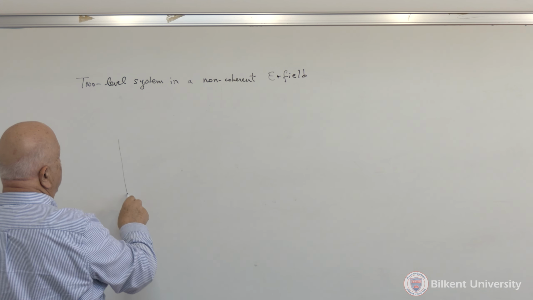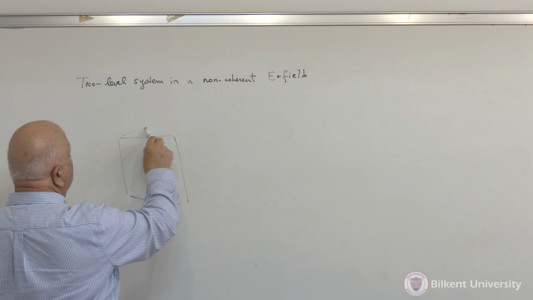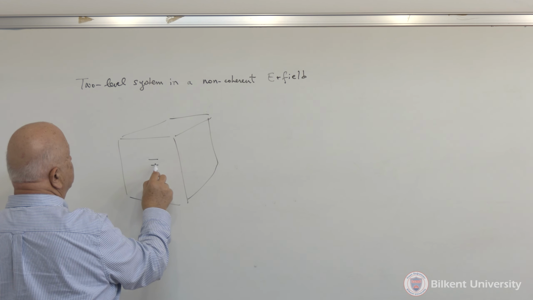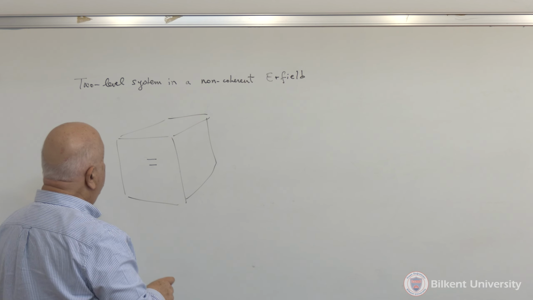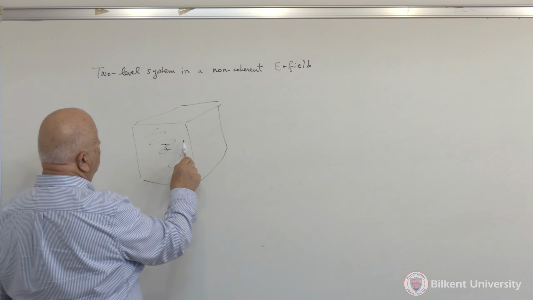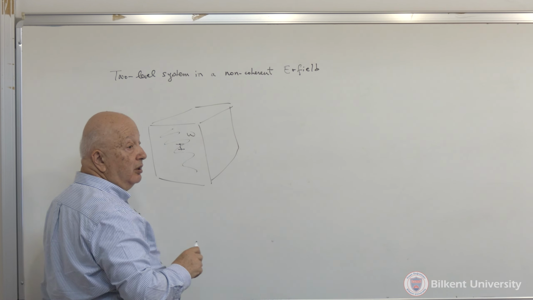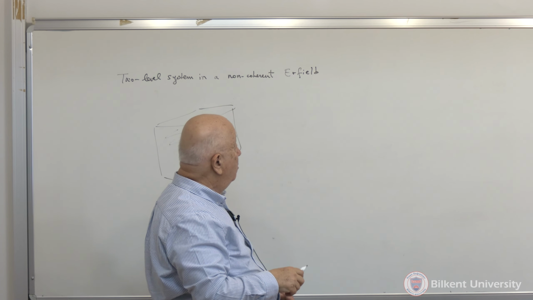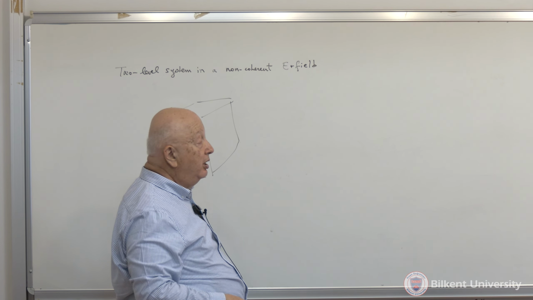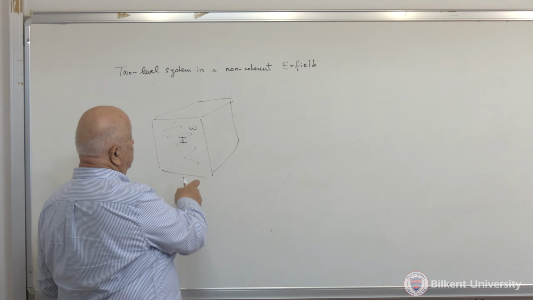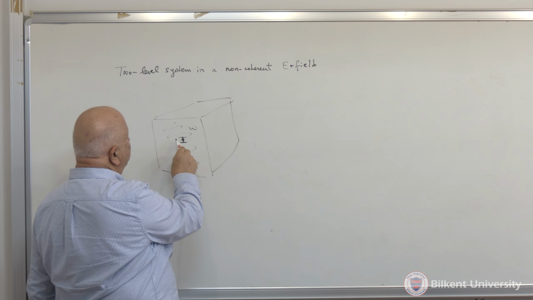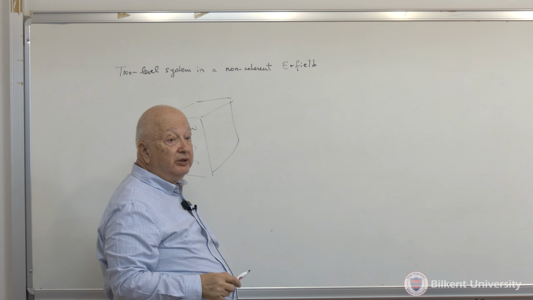Suppose I have some sort of cavity, and here I have my two-level system inside it. And I have electromagnetic waves of all frequencies. So I have a spectrum of frequencies here, which must be given to me. And then I am interested in what is the transition rate from one state to the other state.